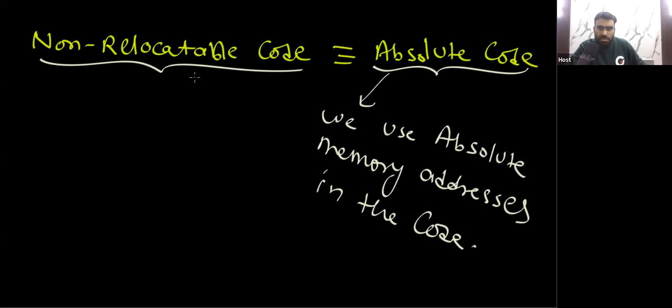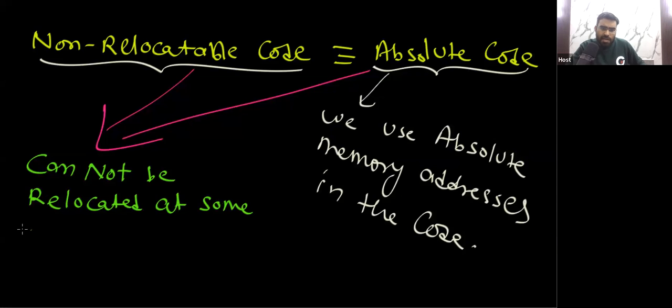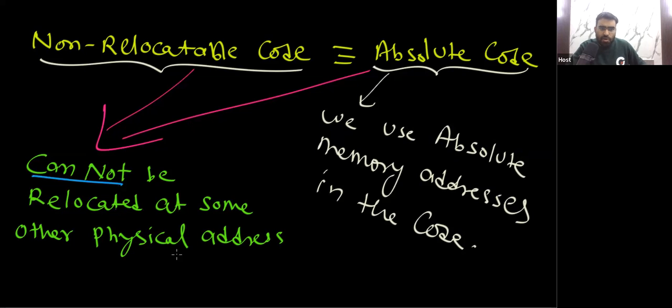Okay, so these absolute codes or non-relocatable codes cannot be relocated. They cannot be relocated at some other memory address, some other physical address, during runtime.